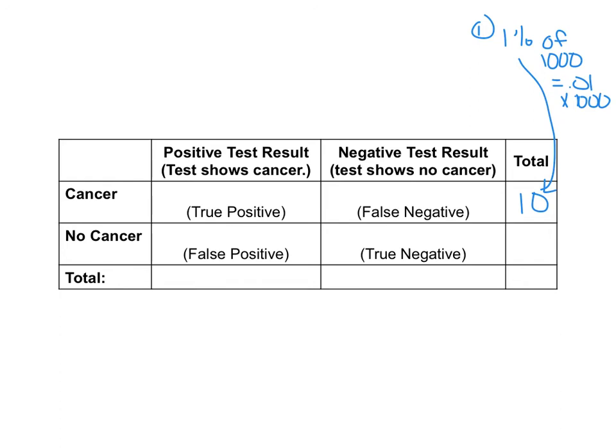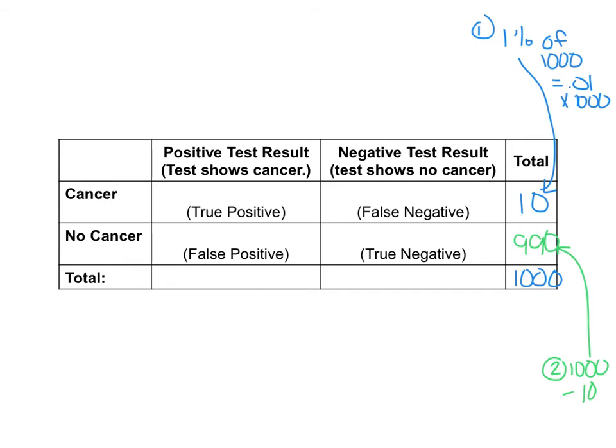Since we know we have 1,000 subjects, we can do subtraction to get that next cell. So here, I can say 1,000 minus 10, and that gives me 990.